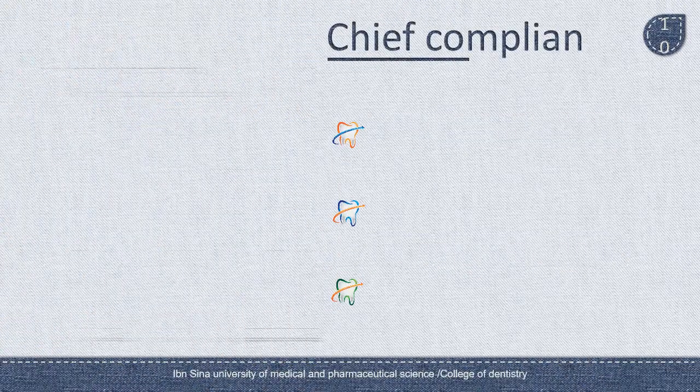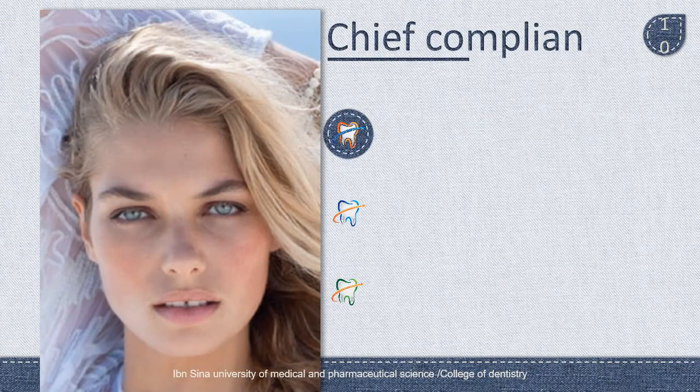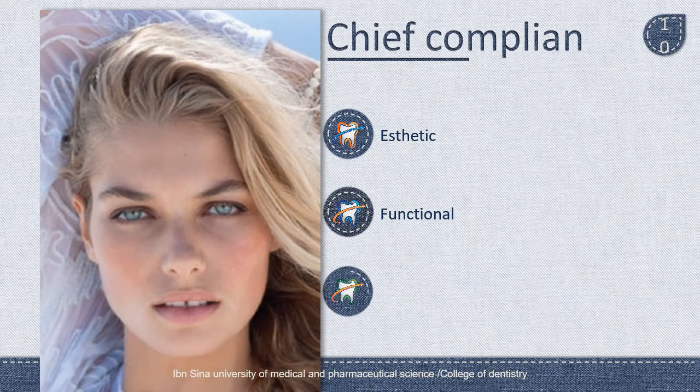The chief complaint of the patient means the words of the patient seeking orthodontic treatment. Most of the chief complaints of patients that attend the orthodontic clinics include aesthetic, and then functional, and others.